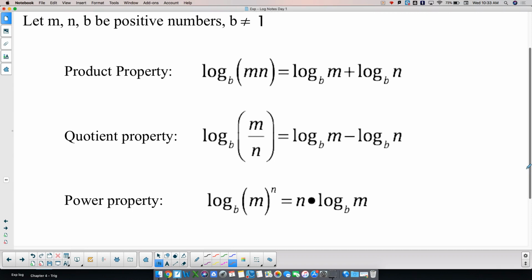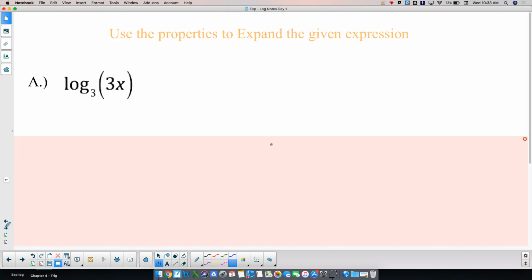So let's try some expansions and some condensings. Okay? So here we got a log with a base. It says we want to use the properties to expand it. Okay? Well, I am multiplying in here, correct? 3 times x.